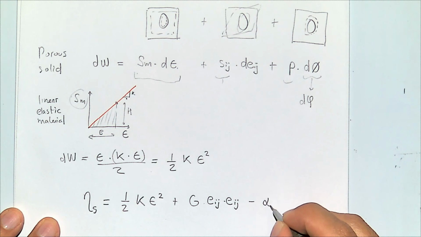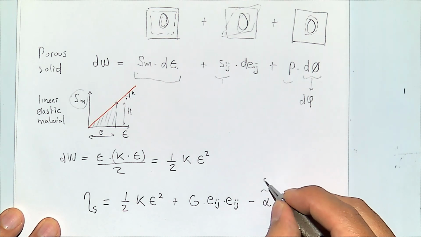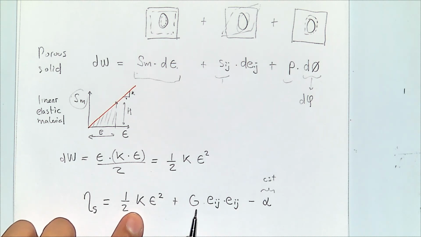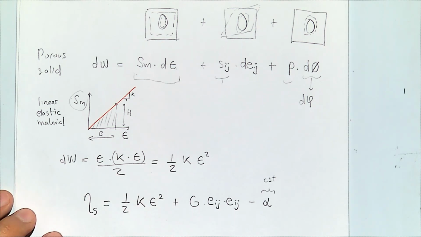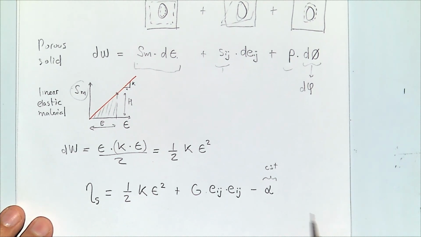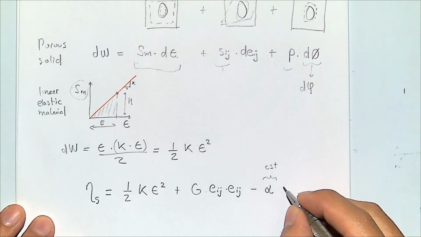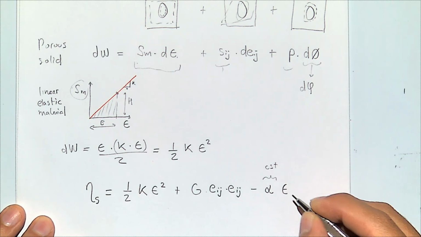And actually we have two terms. This is just a constant. Similar to K, which was a constant, we knew what that constant was. G, that's also a constant, shear modulus, we know what those are. Let's say that now this is just a constant, alpha. We'll find their meaning later. But it is a constant, and that's proportional to the volumetric strain times pressure.